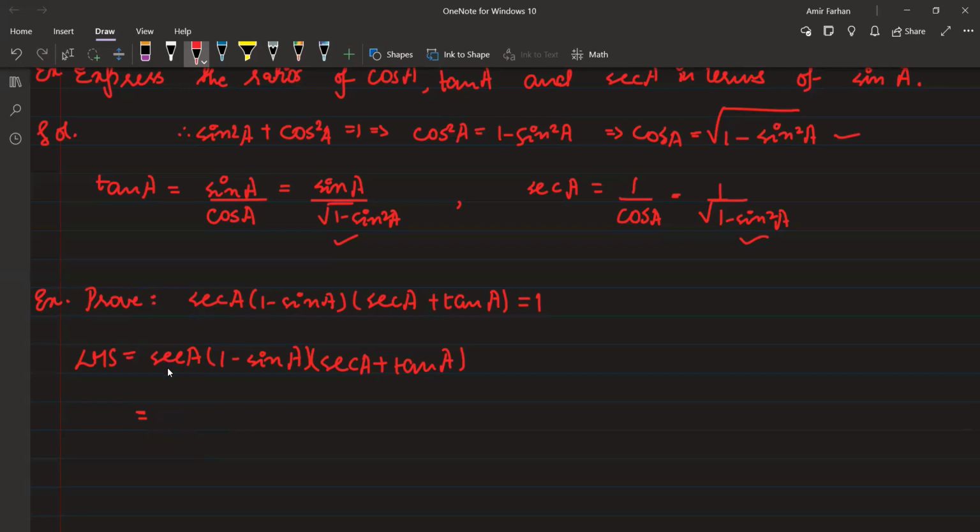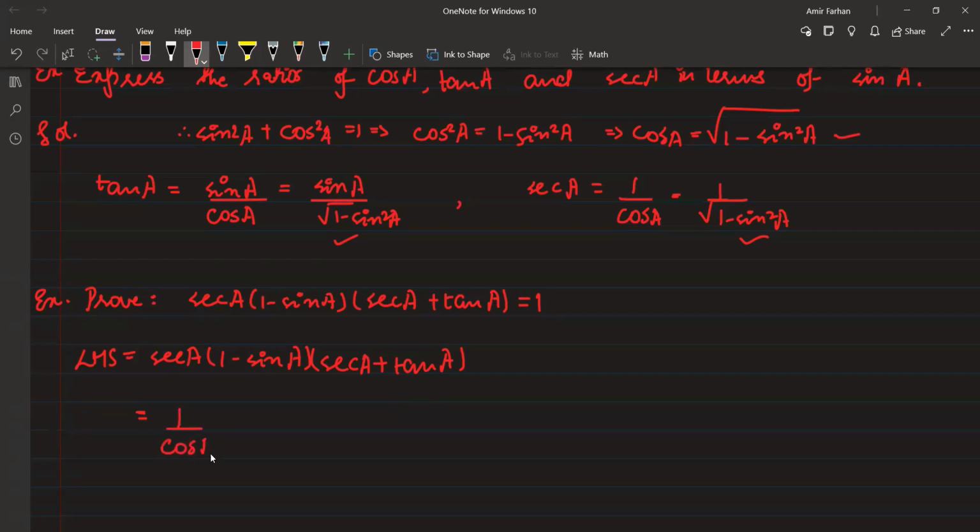Can you convert sec into cos and tan into sine and cos? As I can see in this question, sine is already present. So it would be easy to convert all of them into sine and cos. Yes or no, Adil?